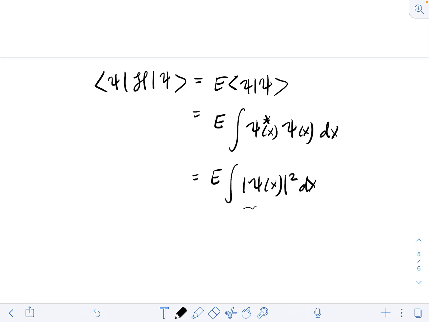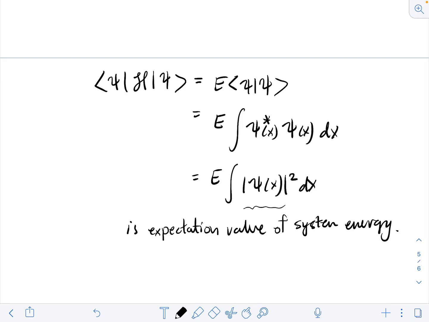Okay, and so again, this physically meaningful quantity involves the square of the wave function, and so this is the expectation value of the system energy.